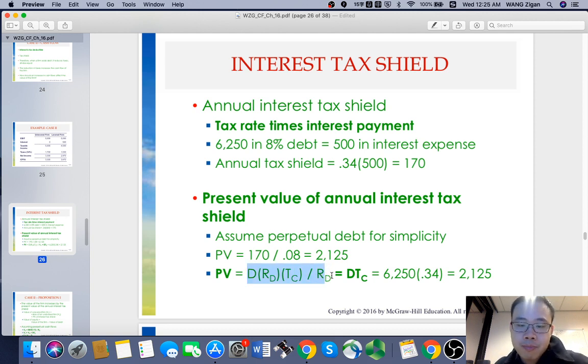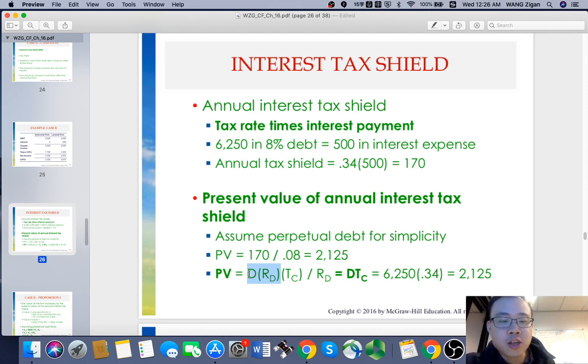Because I don't have the whiteboard, I cannot write it. If I were talking about this in the class, I would write it. So this is RD, the interest rate. This is the amount of money that you borrowed. So D times RD is the interest expense. And we talked about the tax shield before.